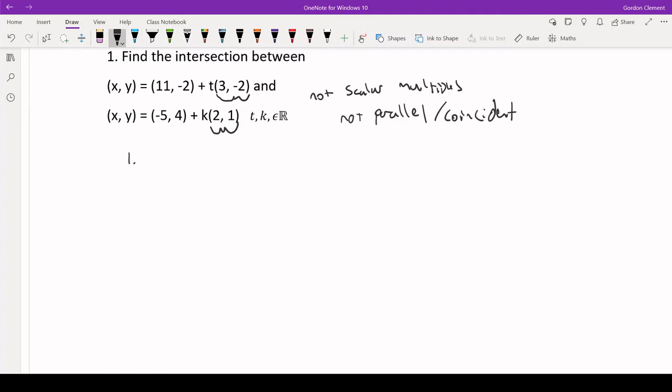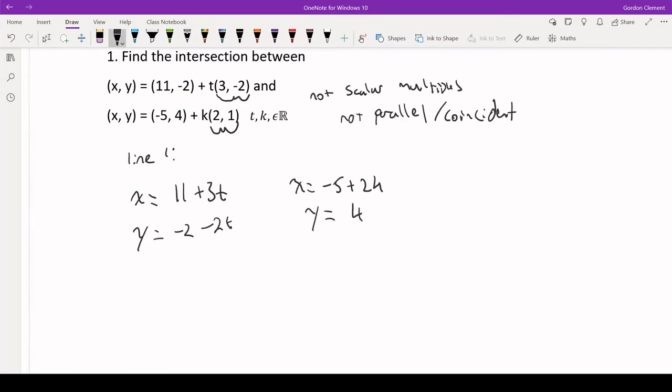So what I do is I like to start with the parametric equations. I'm going to write out the parametric equations of each line. I think I got it there.